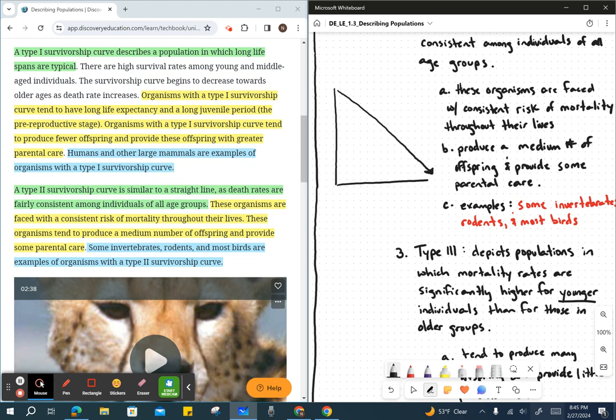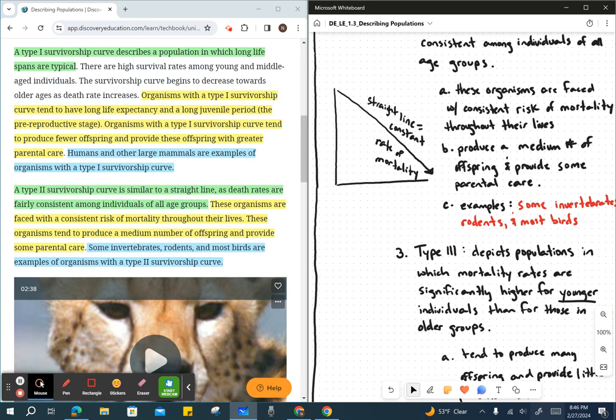Okay, a straight line. A straight line equals what? A constant rate of mortality. We're mortal. We all are going to die, right?